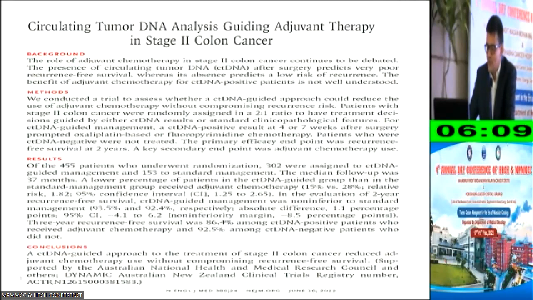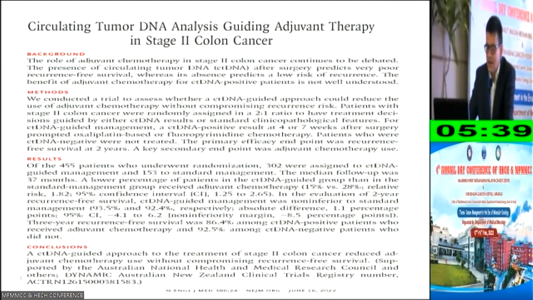Only 15% of the patients in the ctDNA-guided group got chemotherapy, whereas in the other group, 28%. So we could reduce the patients who get adjuvant chemotherapy by half if you go by ctDNA-based therapy. Still, there was no difference in outcome. The ctDNA-guided management is non-inferior to standard management, 93.5 versus 92.5, a difference of 2.4%, which is not statistically significant.